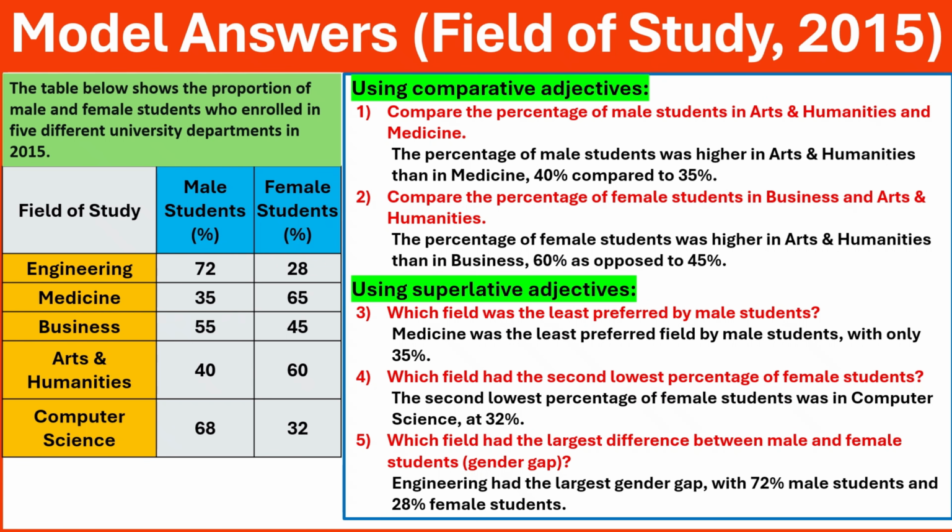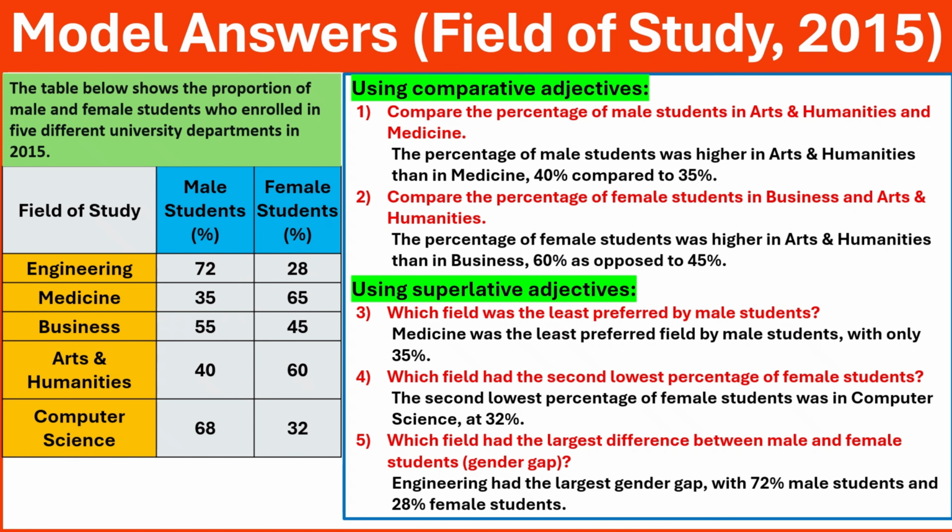So, we have seen how to form clear comparative and superlative sentences from a table. You can notice that the grammar is the same whether we describe a static bar chart or a table. Only the visual changes. Now let's try another example with a different data set.